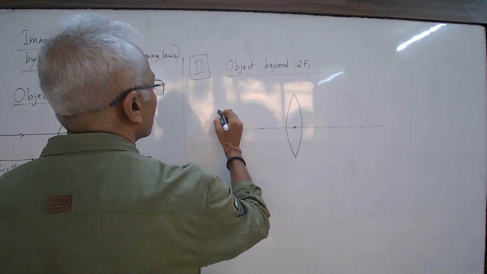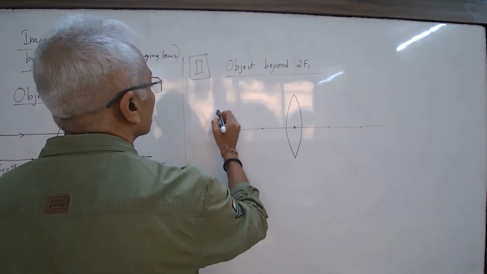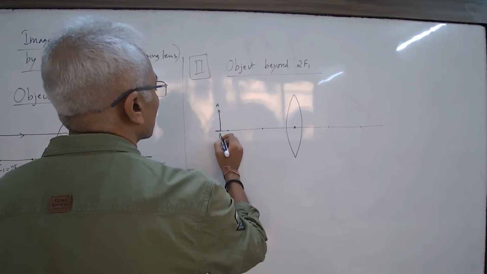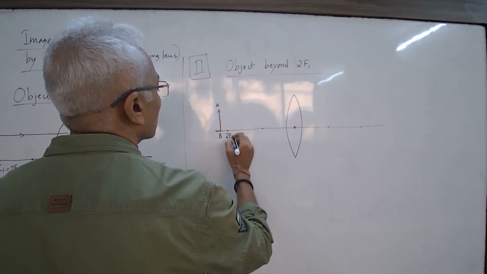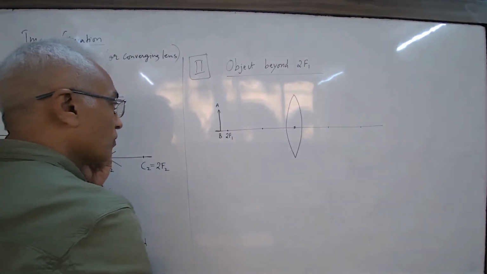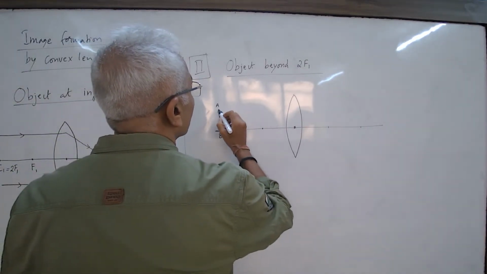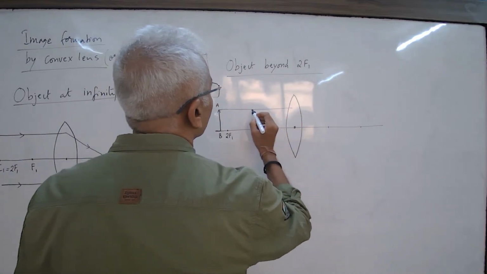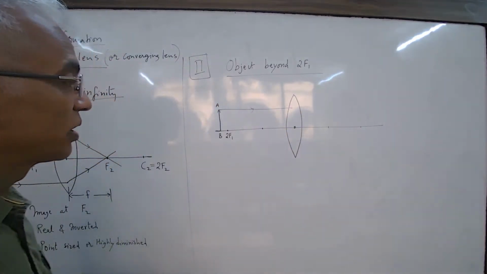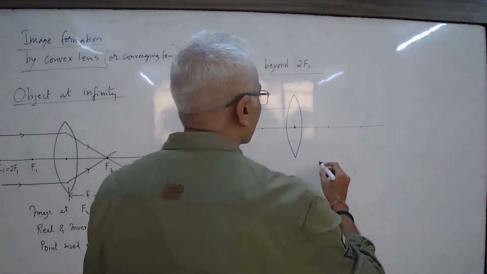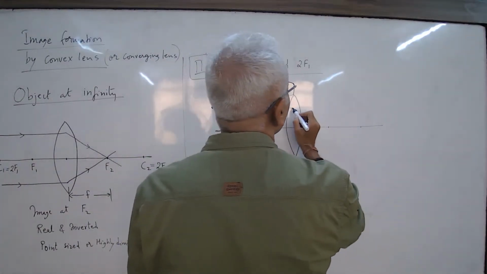In this case, object is here, AB. First, take the ray parallel to principal axis. It will pass through focus.